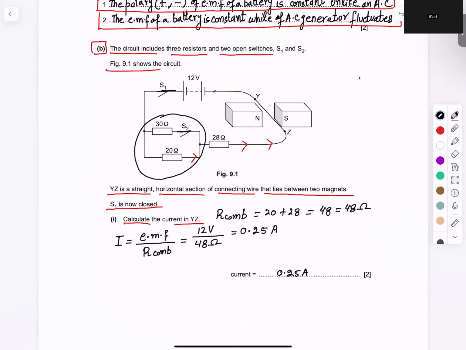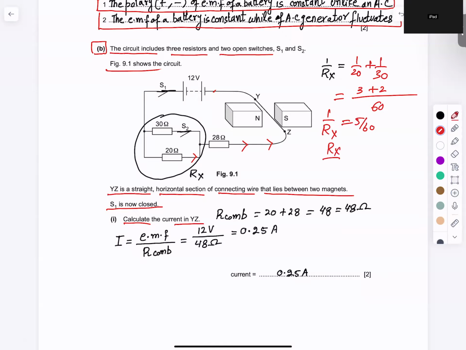Let's call their resistance Rx. So 1 over Rx, because it's a parallel circuit. In parallel, we add reciprocals. So 1 over Rx will be 1 over 20 plus 1 over 30. It will be over 60, 3 plus 2. So 5 over 60 is 1 over Rx.